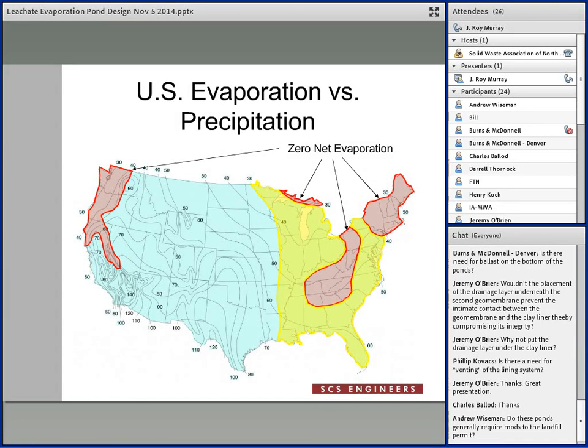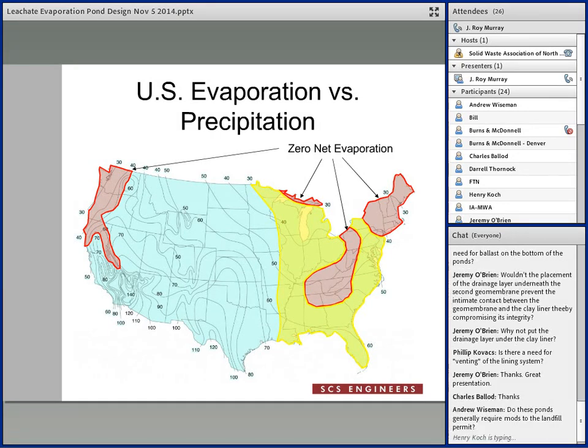Do these ponds generally require modifications to landfill permits? Yes, they do, at least here in Texas. It has been just a permit modification, and fairly simple.